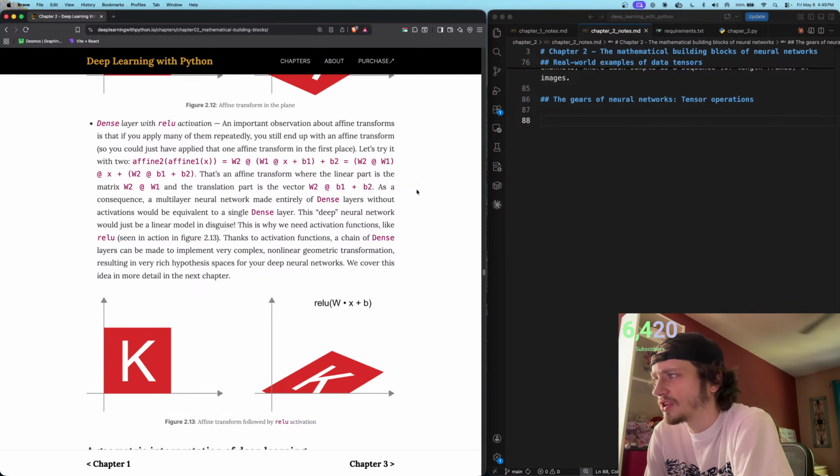Thanks to activation functions, a chain of dense layers can be made to implement very complex, non-linear geometric transformations, resulting in very rich hypothesis spaces for your deep neural networks. We cover this idea in more detail in the next chapter.